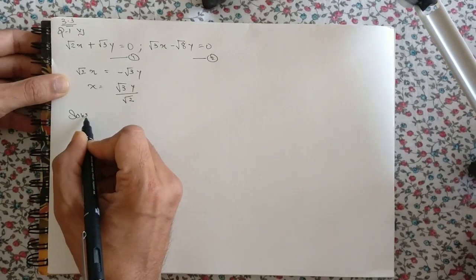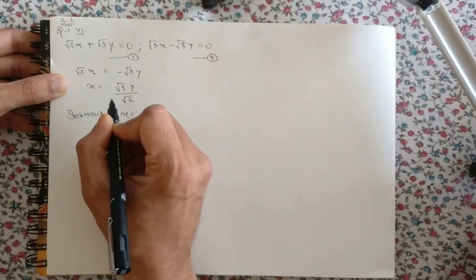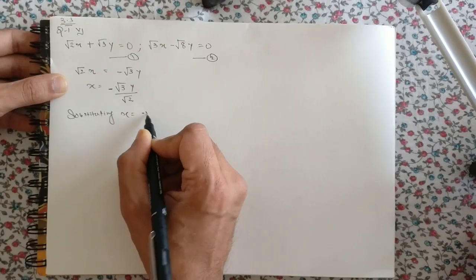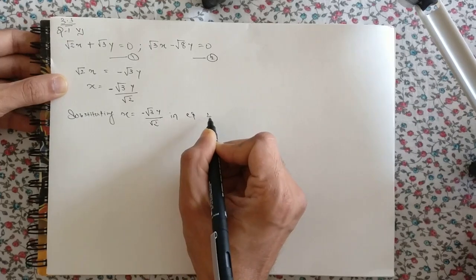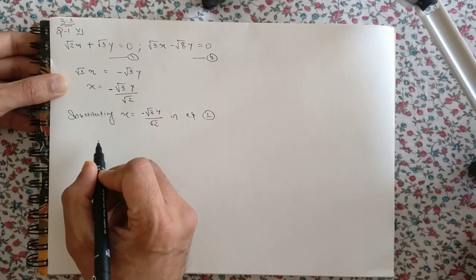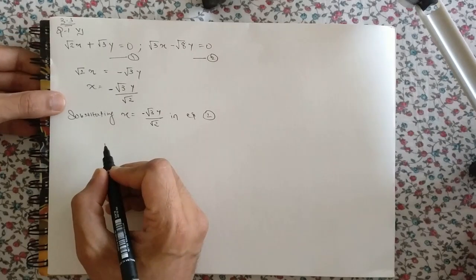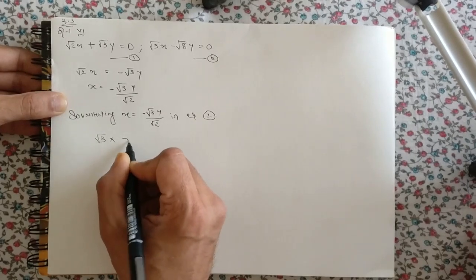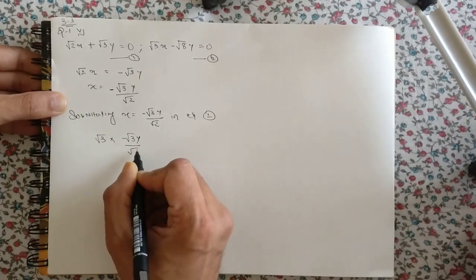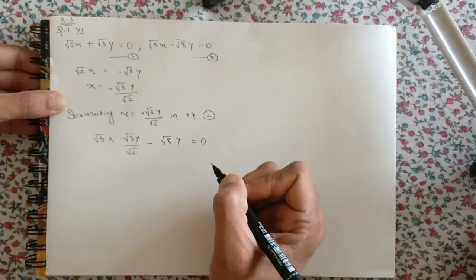Now substituting x is equal to minus root 3y upon root 2 in equation 2. So wherever there is x, I'm going to substitute this value. Let's see what I get. Root 3 multiplied by minus root 3y, the whole upon root 2 minus root 8y is equal to 0.